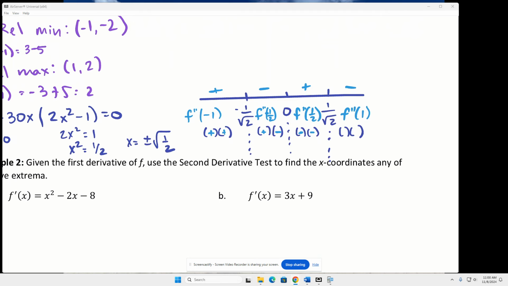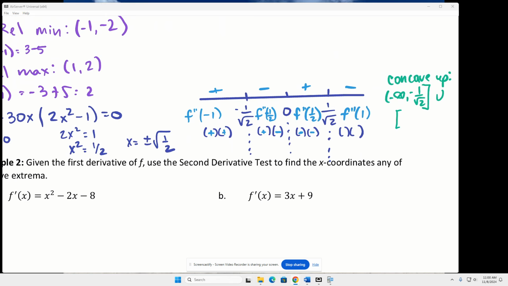All right, so now I have what I need to answer this question. So f is going to be concave up anytime that this second derivative is positive, which is from -infinity to -1 over the square root of 2. We'll do a bracket.